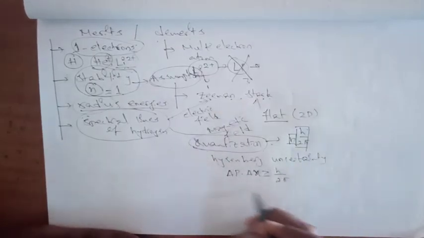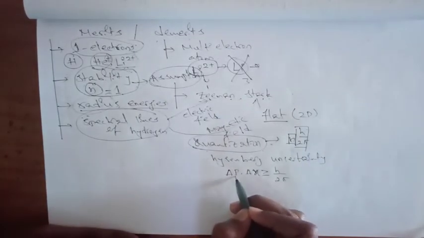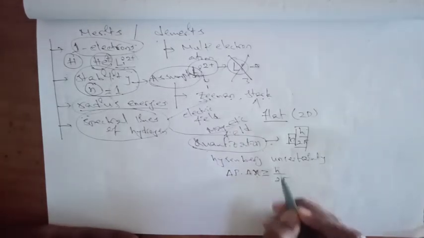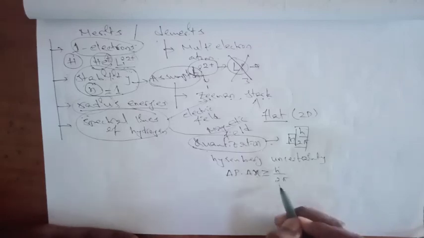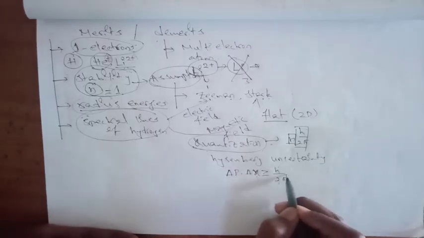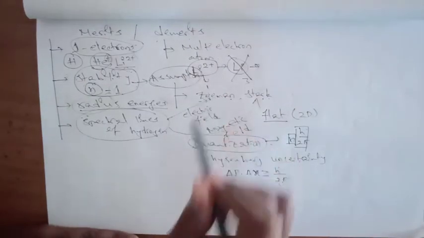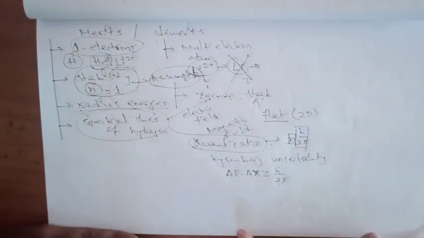Every observation has this limitation. The product of the uncertainties in momentum and position of the electron or anything must be greater than h by 2 pi, it should not be less than that. This is not explained in the Bohr concept. So these are the limitations and merits of Bohr's model.